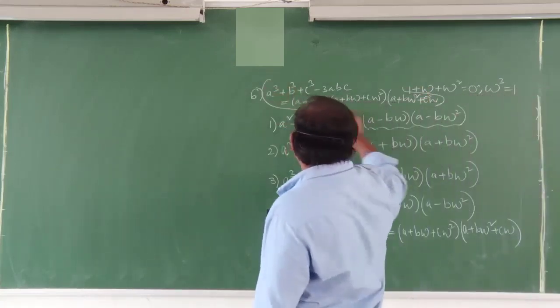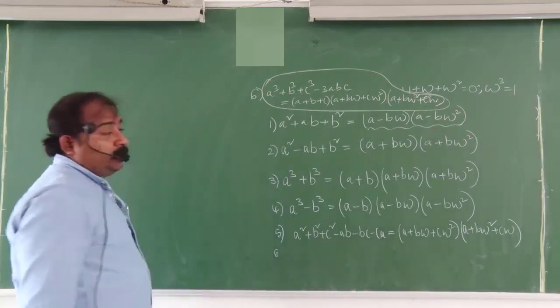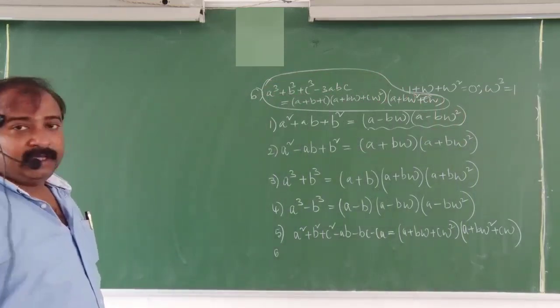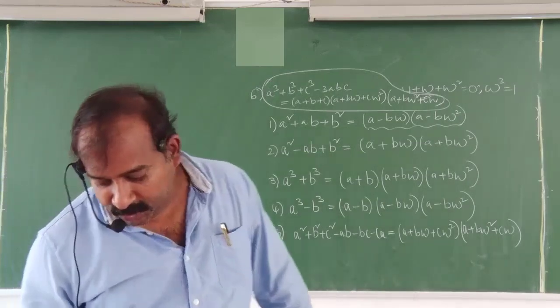This is the formula for a cube plus b cube plus c cube minus 3abc. If you multiply it out, then you will get the answer. Okay. Next, ma'am.